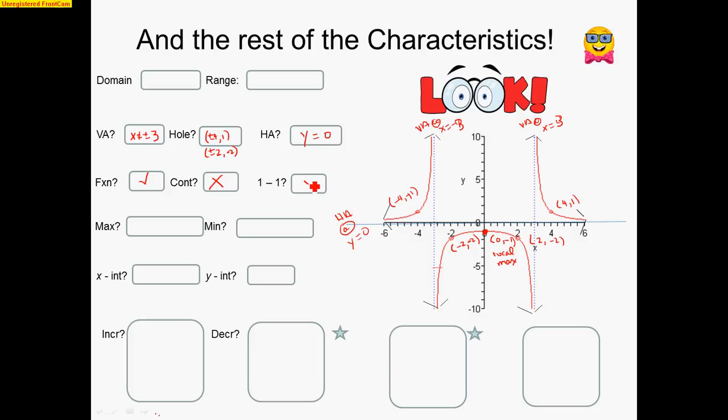No, this rational function isn't one-to-one. I'm not continuous because of my domain. Right? I purposely didn't fill that out at first. Notice, my domain is all real numbers except x cannot equal ±4, ±3, ±2.